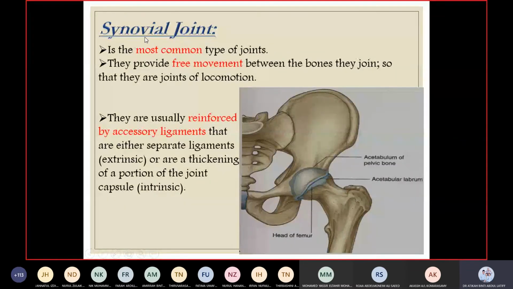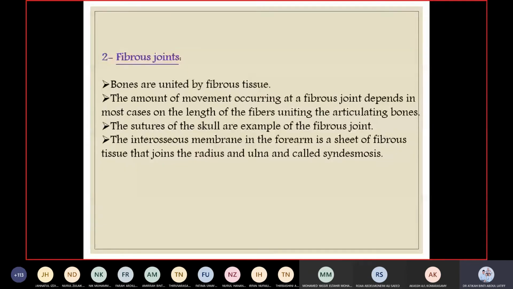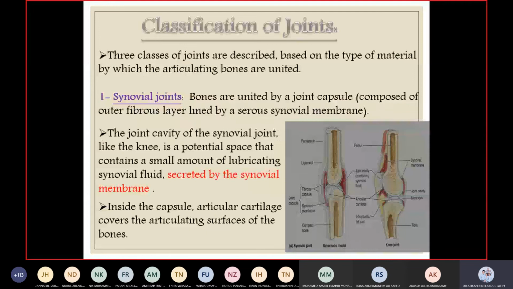Okay, the next type of joint is the synovial joint, so we'll talk more about it. So we've mentioned here we have cartilaginous, which is joined by cartilage. We have fibrous, where the bones are joined by fibrous tissue, and we have synovial joint, where there is a synovial membrane inside.